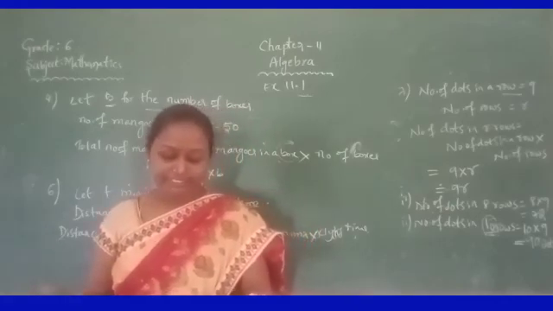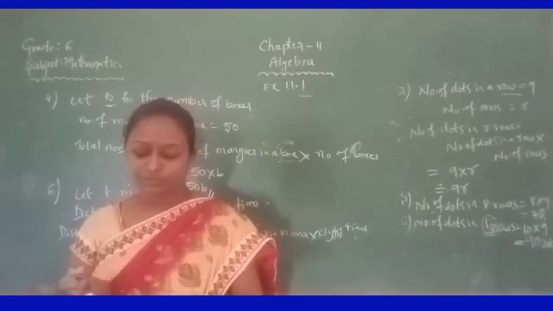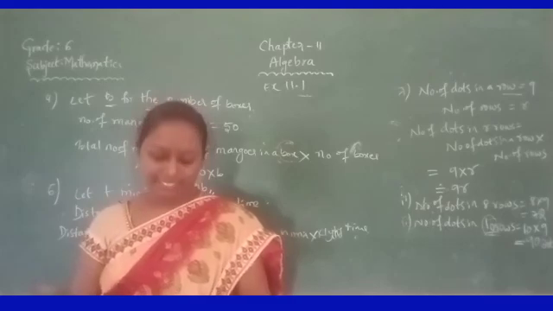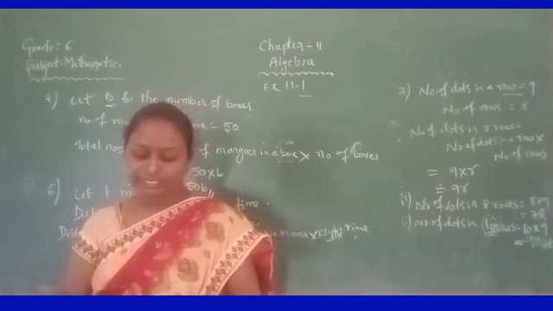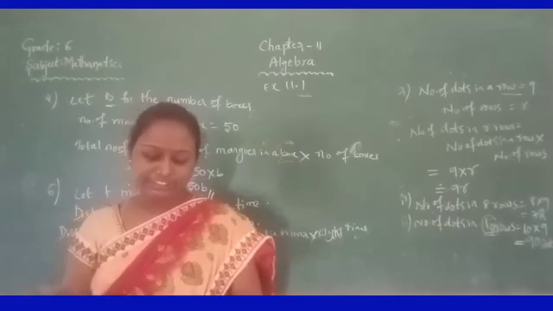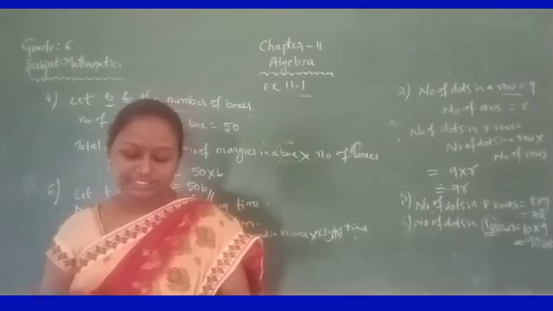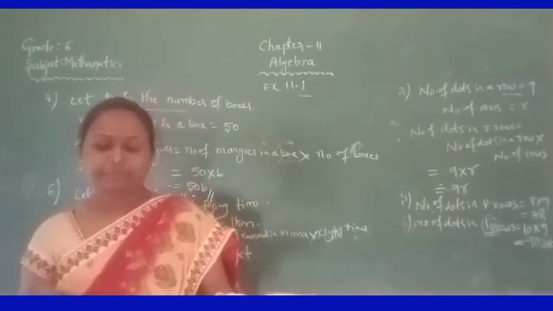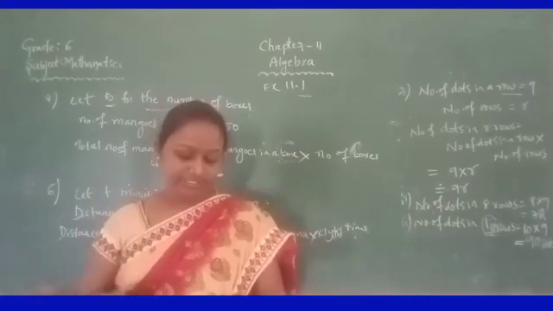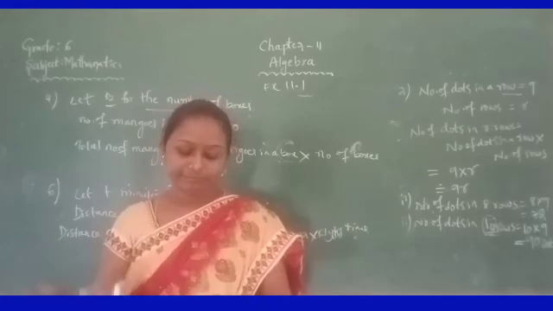9th one. Mother has made laddus. She gave some laddus to guests and family members. Still 5 laddus remain. If the number of laddus mother gave away is L, how many laddus did she make? Mother has prepared some laddus. She gave some laddus to guests and family members. Even though some laddus are left, how many are remaining? 5 laddus.